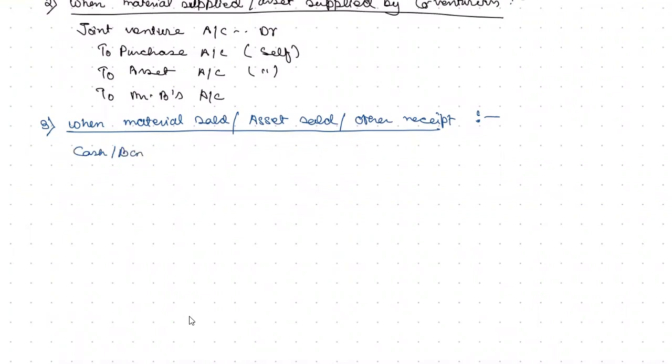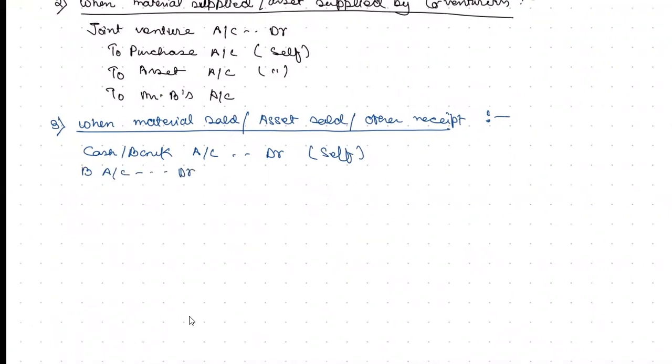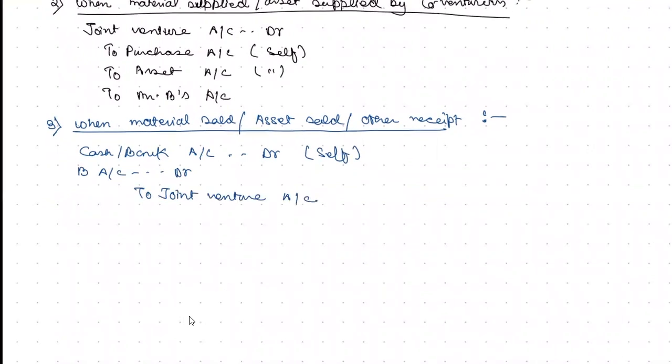Cash or bank account debit, because cash is coming to him. Correct. If it is his own account. If the same has been sold for the other co-venturer, then B's account debit. Correct. And these all are income for the joint venture, so to joint venture account. समझ में आया ना? बताइएगा समझ में आया तो.